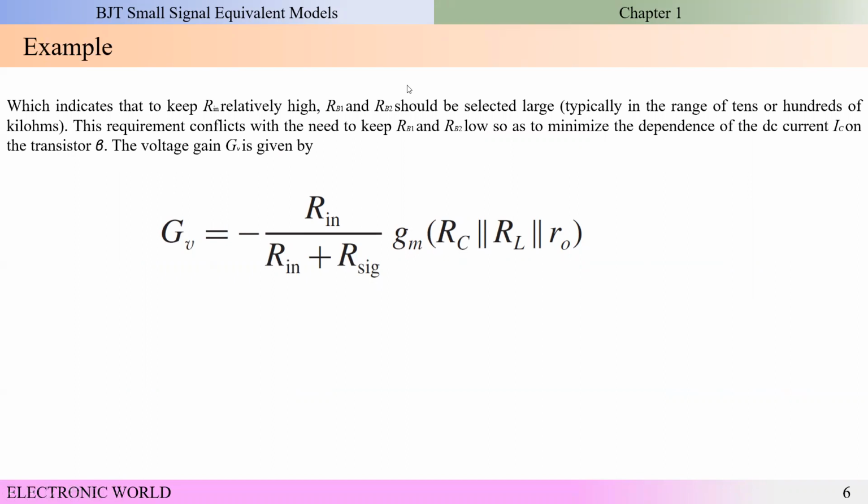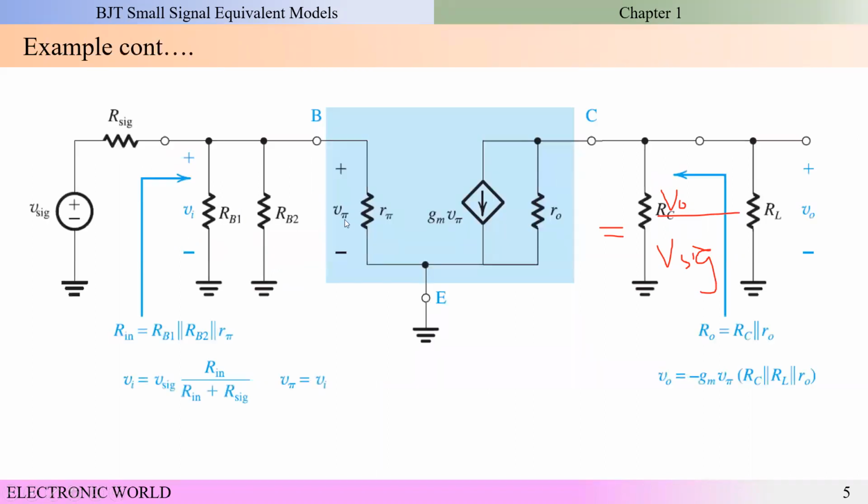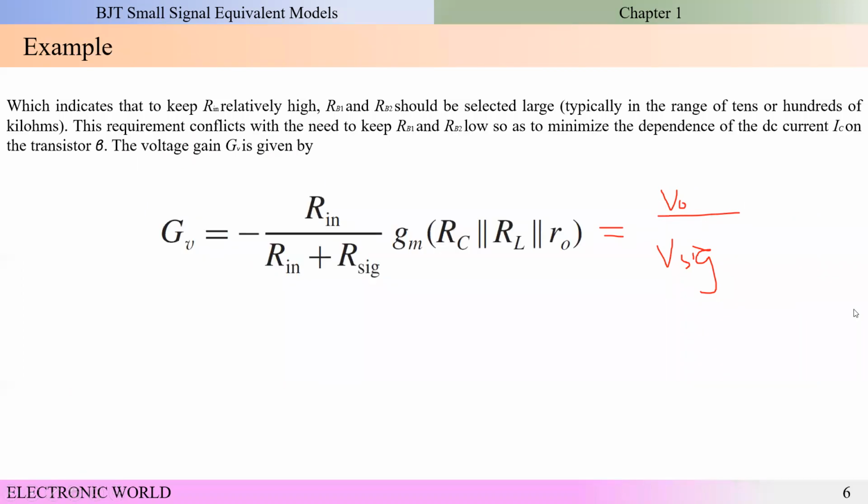The overall voltage gain is Vout divided by Vsig. From these equations we can easily get the expression for the small signal overall voltage gain. This is the overall voltage gain.